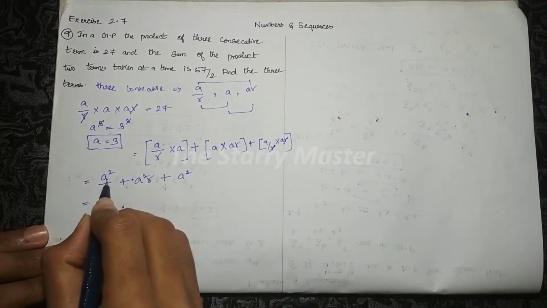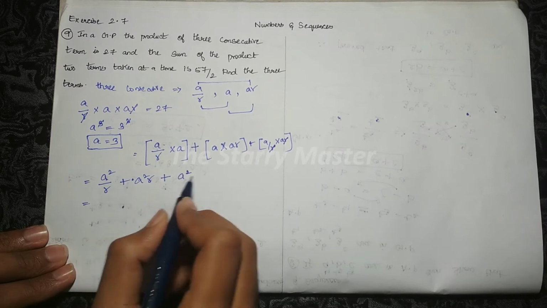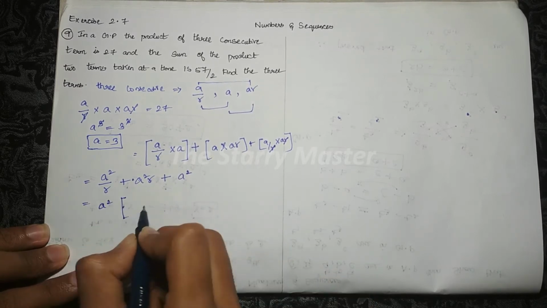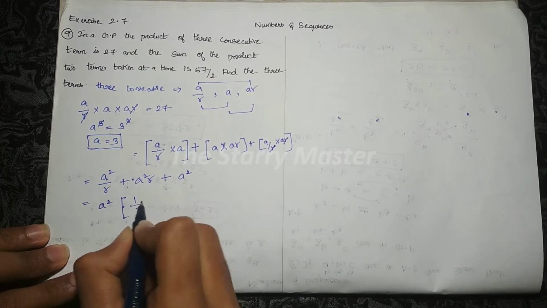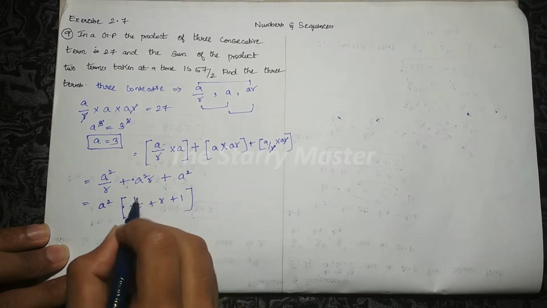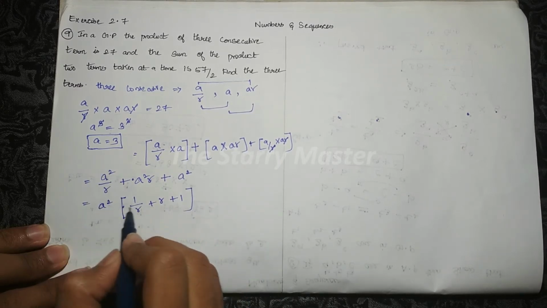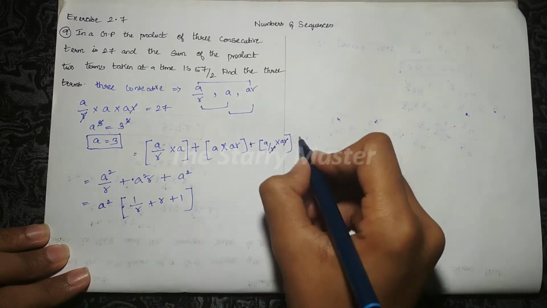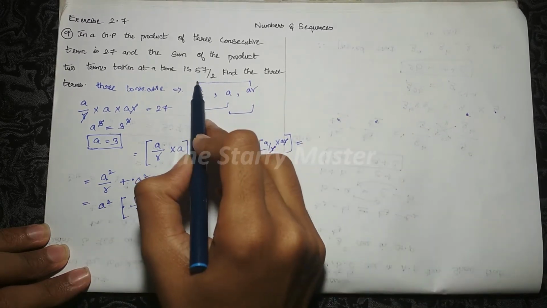All the values have a square, so let's take a square common. If we take it common, it remains 1 by r plus 1 plus r, because we have taken a square common. The value of this will be 57.